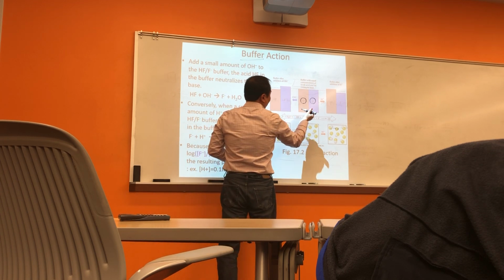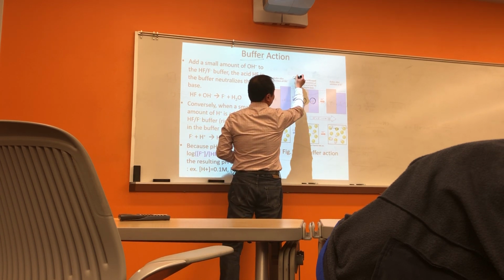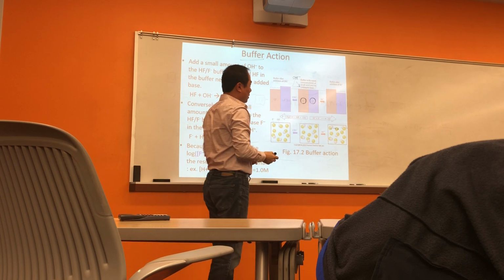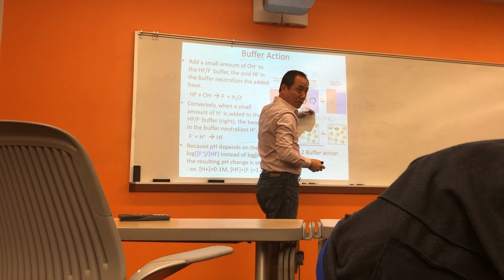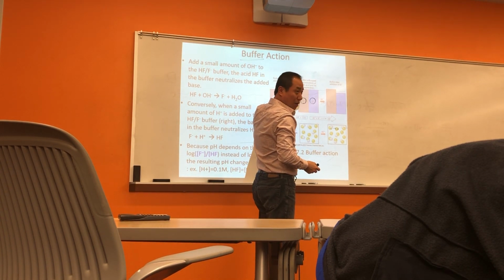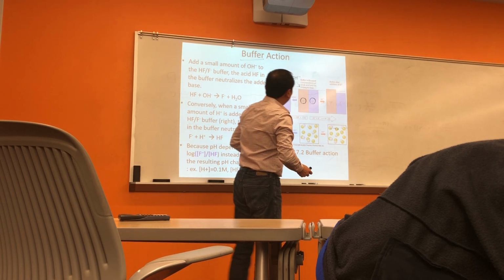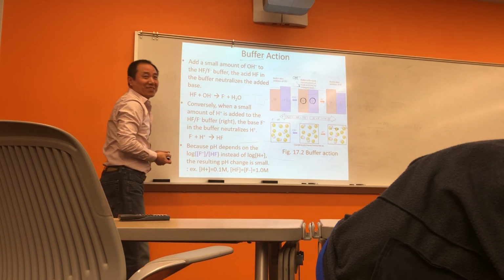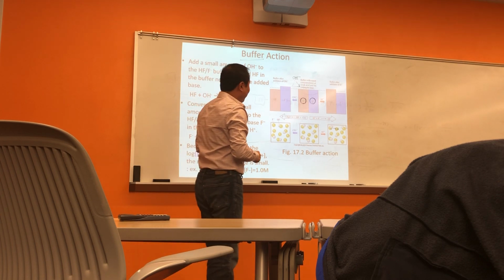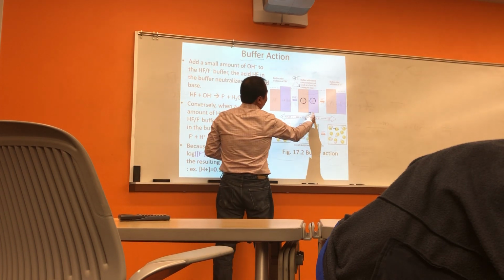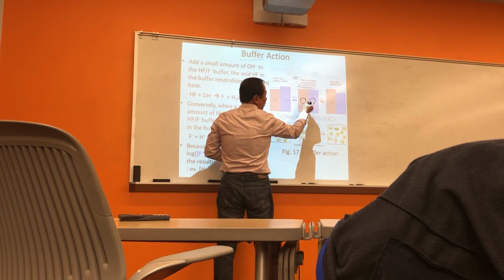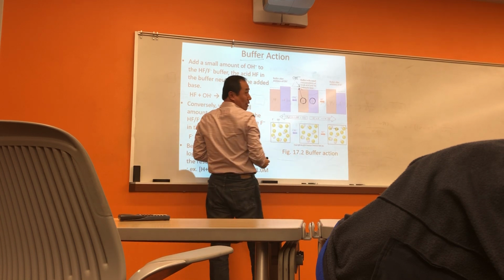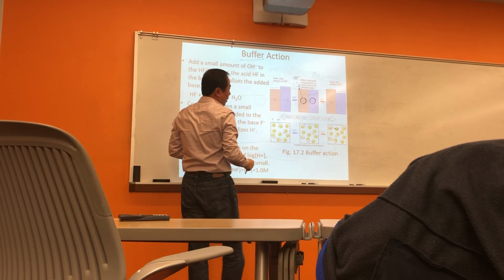Then if you add a base to the buffer system, say this is like the human body and somehow someone accidentally drinks a strong base, then a portion of the acid will neutralize the incoming base.